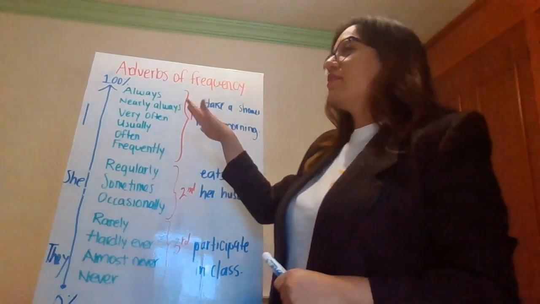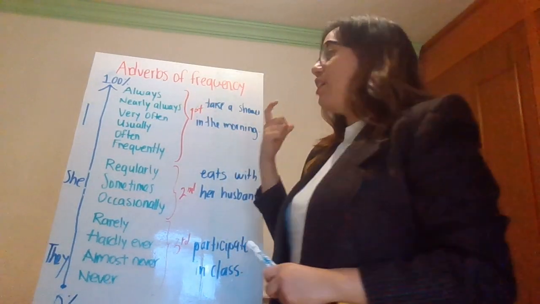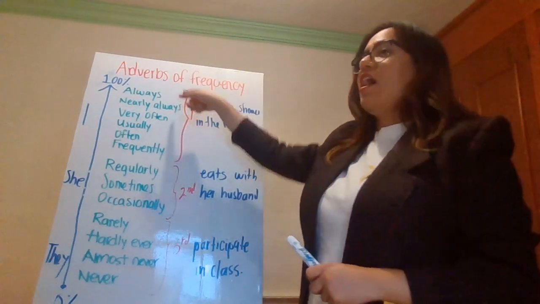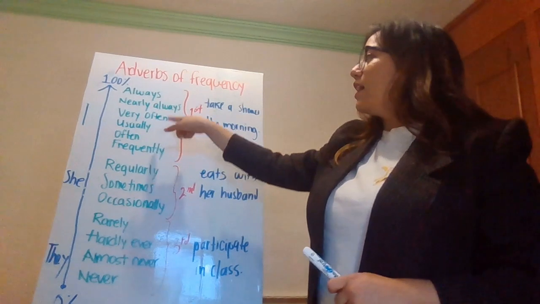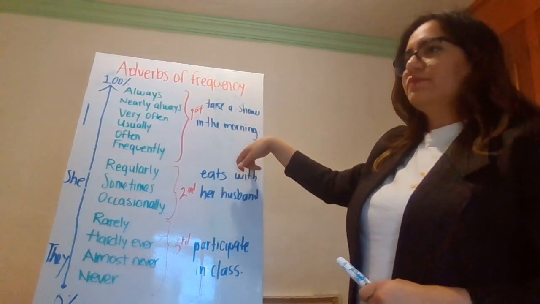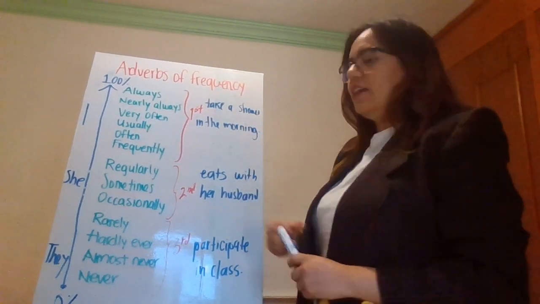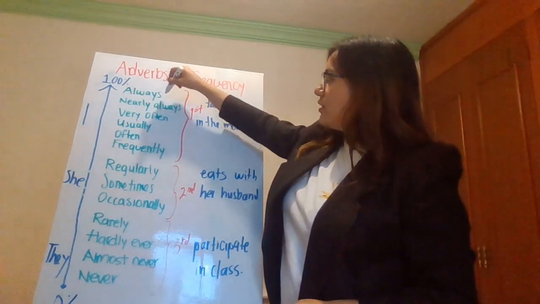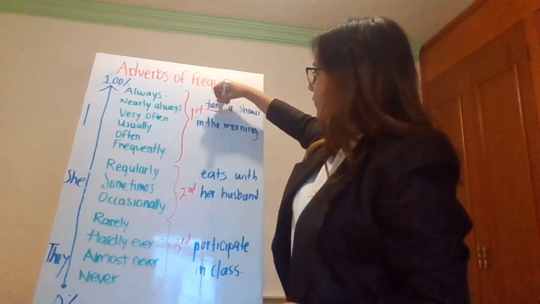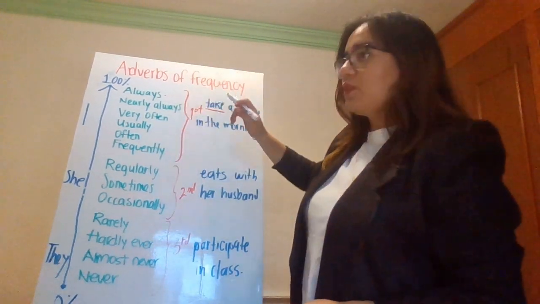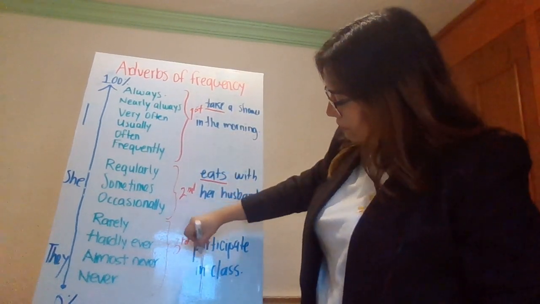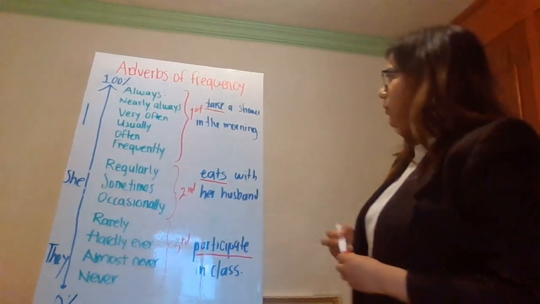Okay, where are they placed? We have our subject, then we have our adverb, and then we have our complement. Okay, I want you to notice that after the adverb comes a verb. Okay, in this case we have take, eats, participate. Okay.